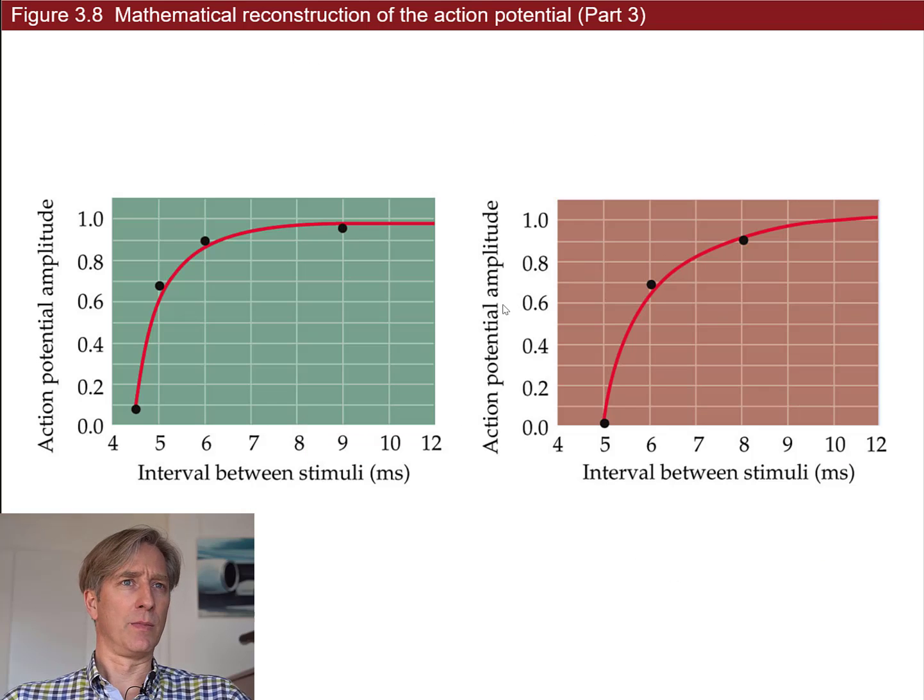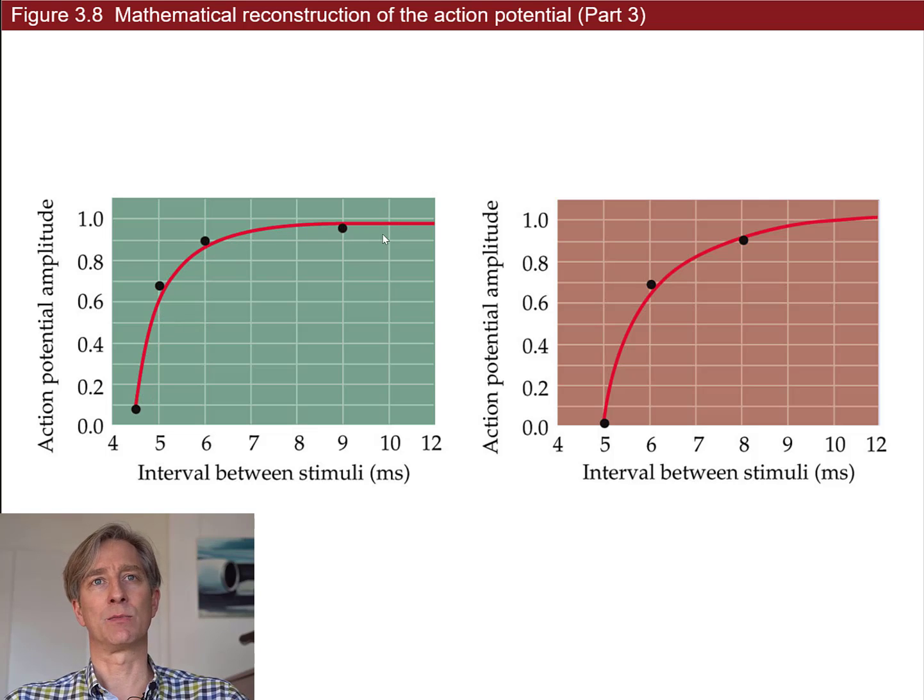Okay, we can look at this same curve in this plot. If you just look at the action potential amplitude as a function of the stimulus interval, then we see, as I said, at around 4 to 5 milliseconds there's hardly a second action potential coming through, but with larger intervals the second action potential comes through. And here's again the measurement, here's again the theory, and there's a beautiful agreement between those two.